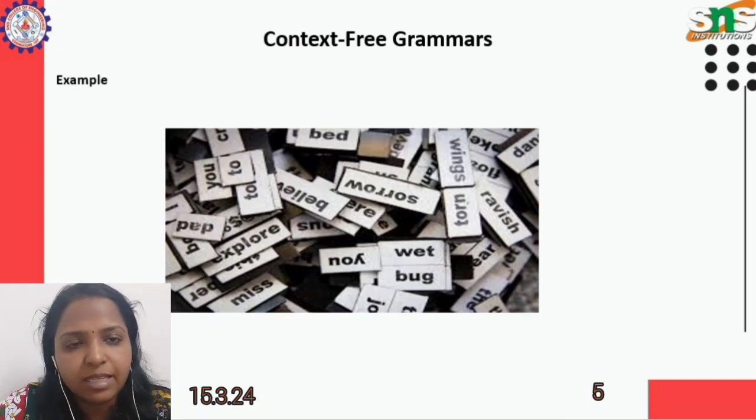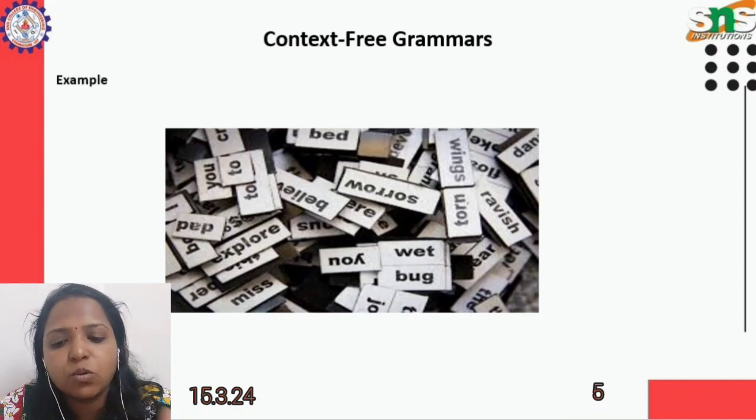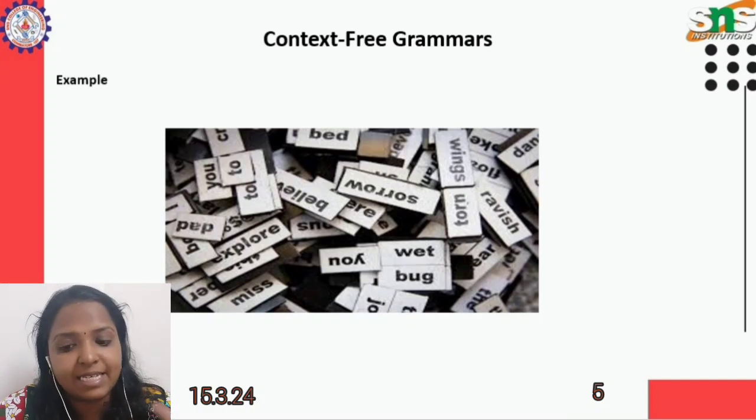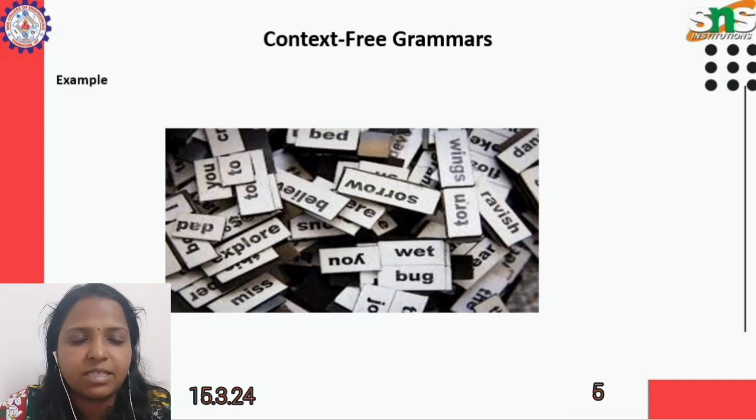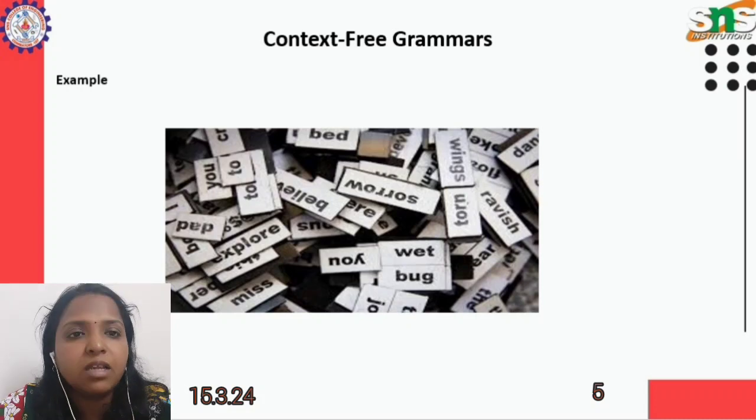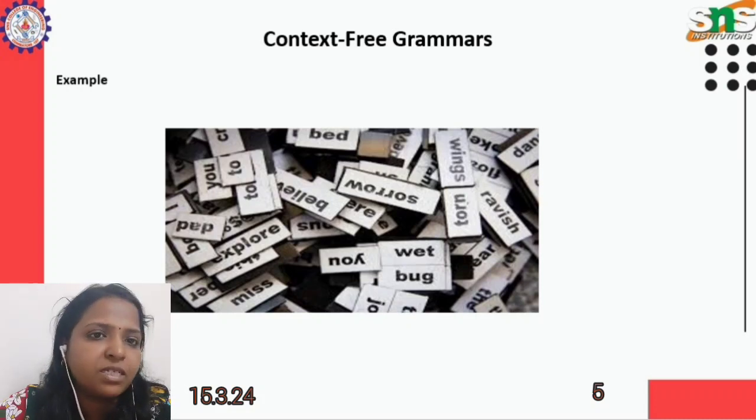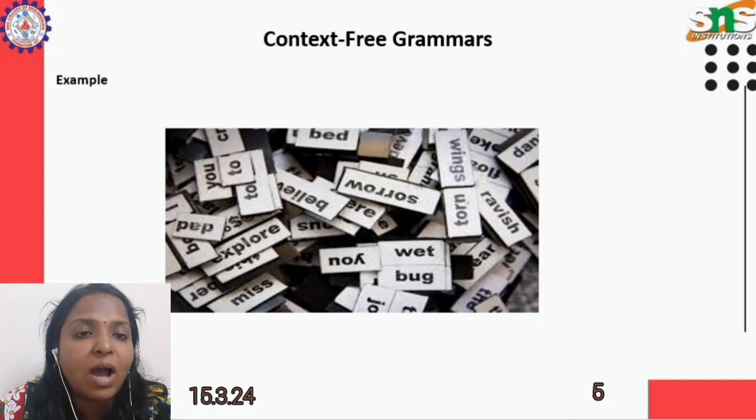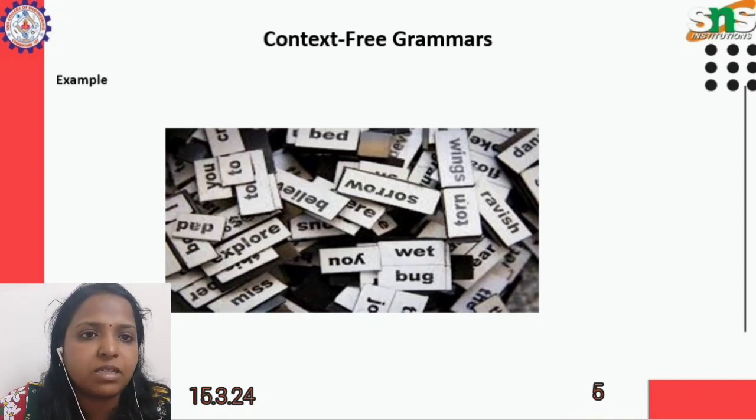Here, what is the purpose of these rules? These rules can say the sentence can start with a noun. For example, the rules can say that if it is a noun, it should have some determiner, and the string should start with a noun, and it continues with the verb, or else it is followed by some noun.